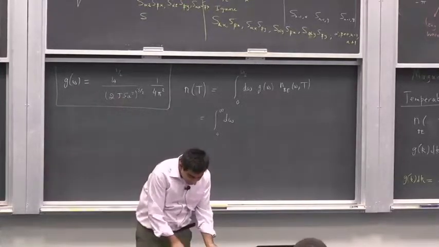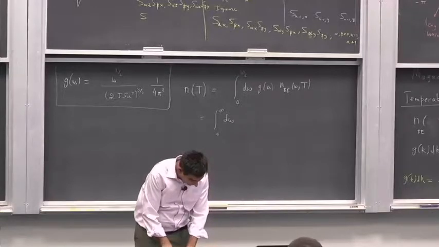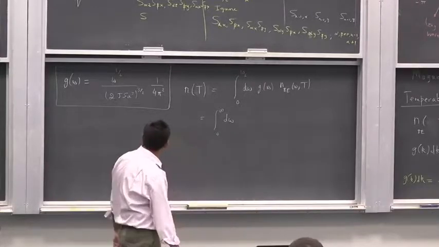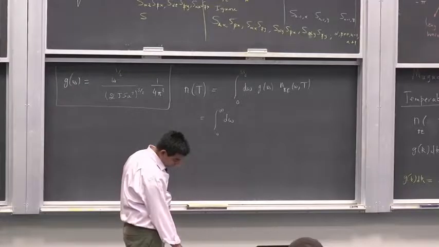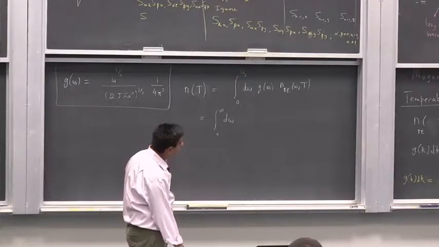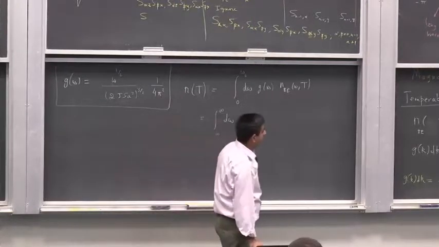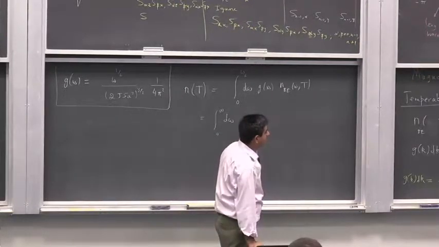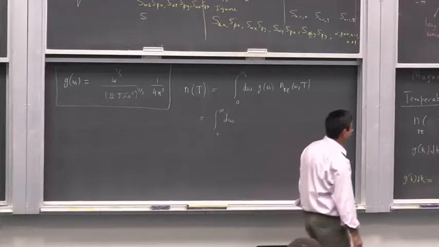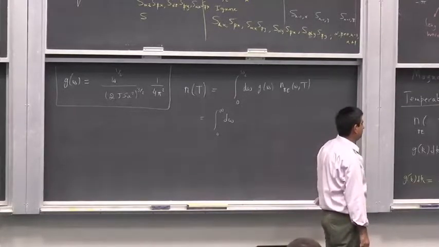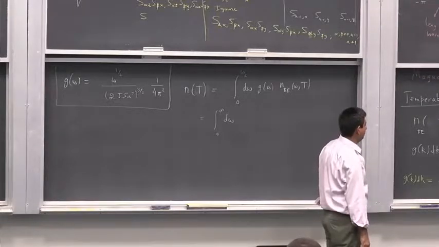So let me counter check with my calculation in the morning. 2J SA squared. I have this extra pi squared.